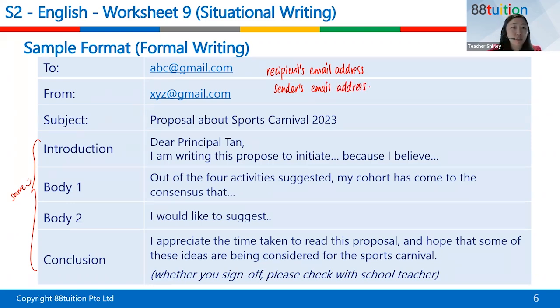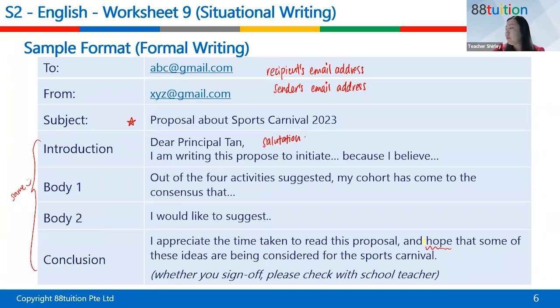And a very important portion here for the format is that for email, there must be a subject. Okay, so this one is the subject, very important. Yeah, so the subject here is a proposal about the sports carnival, and he is writing to his principal. So same thing, there must be a salutation as well.